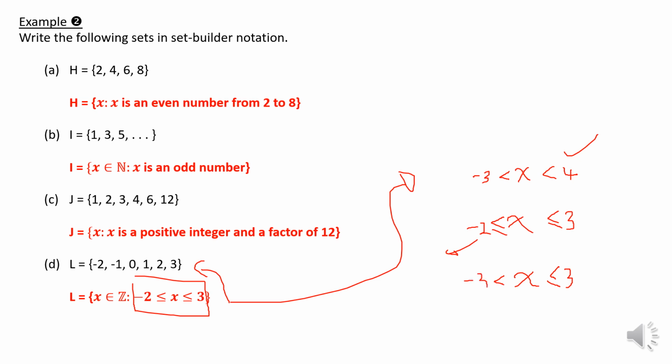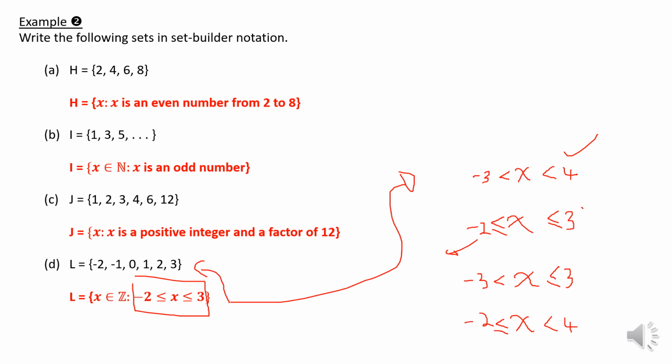When something is greater than -3, it means -3 is not included. Or another way, x is less than 4. Numbers less than 4 are numbers like 3, 2, and so on. And then x is greater than or equal to -2.